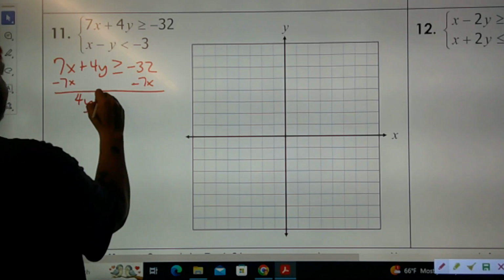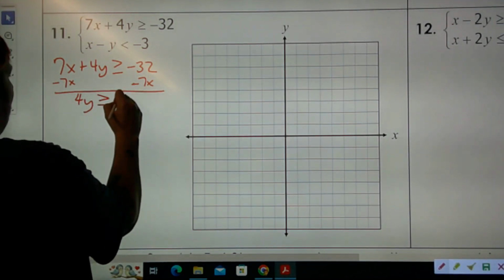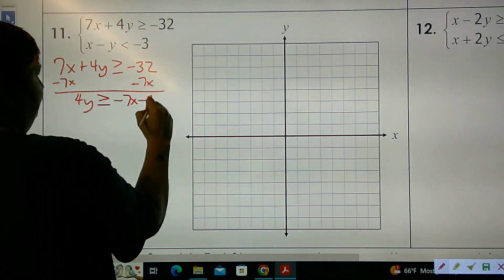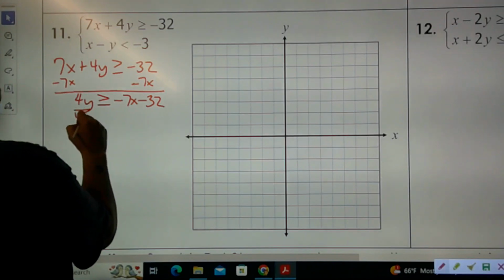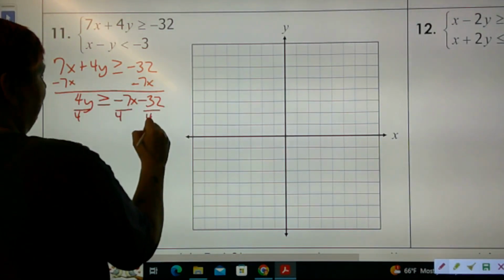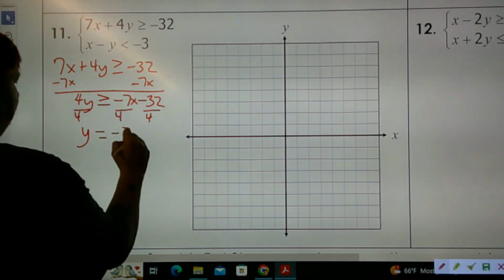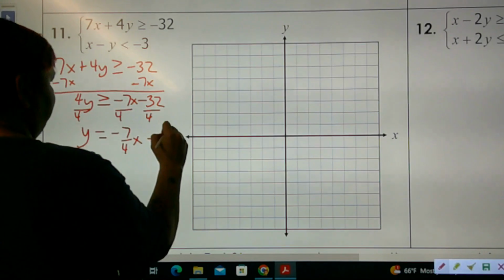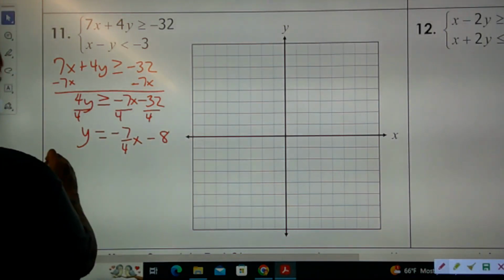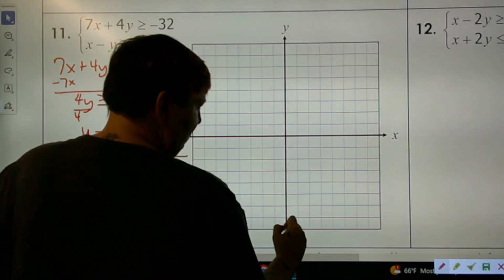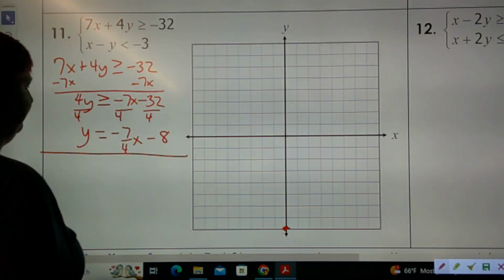Hey, we're not going to have to flip the inequality symbol. Woo! How do I know? Because that's positive. You only flip when you multiply or divide by a negative. All right, 1, 2, 3, 4, 5, 6, 7, 8. Woo, that was barely big enough.